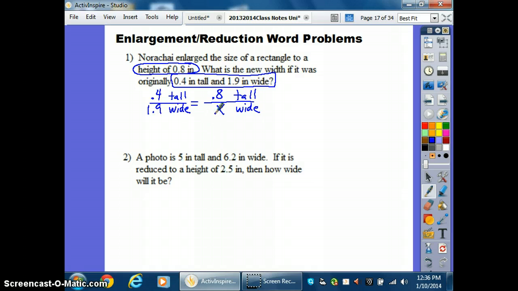Okay, so we'll use our cross products. And we'll get, oh gosh, I guess I do see that if I multiplied by, what, 2? That would give me the answer, wouldn't it? Okay.